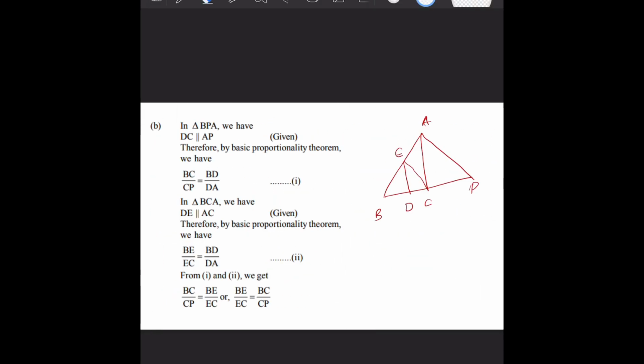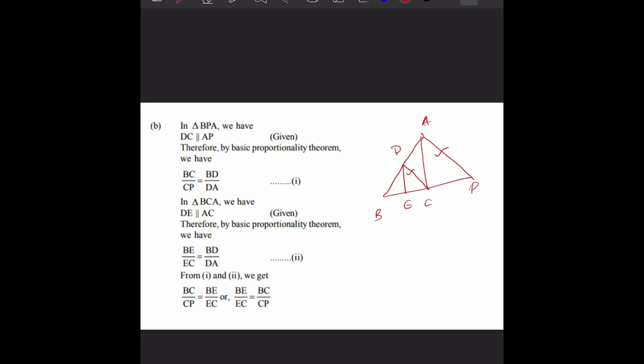I got this point wrong. Just wait a minute. DE. Now it makes sense. DC, this line is parallel to this line.